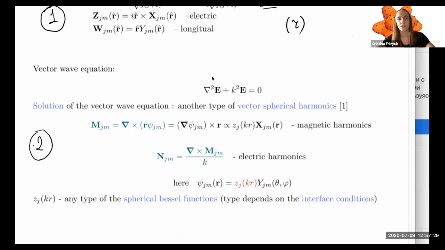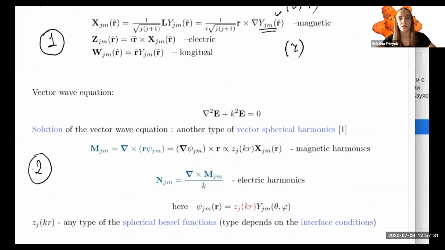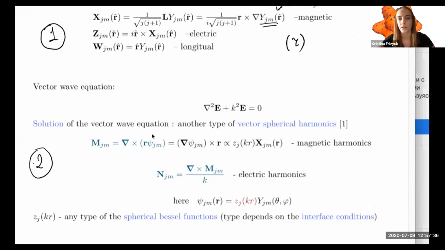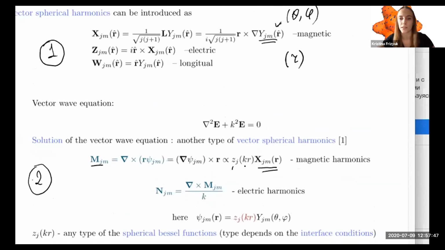The difference between these two types is that this magnetic harmonic is proportional to the first magnetic harmonic, but here we can see a Bessel function. So they don't depend only on theta and phi, they also depend on r.